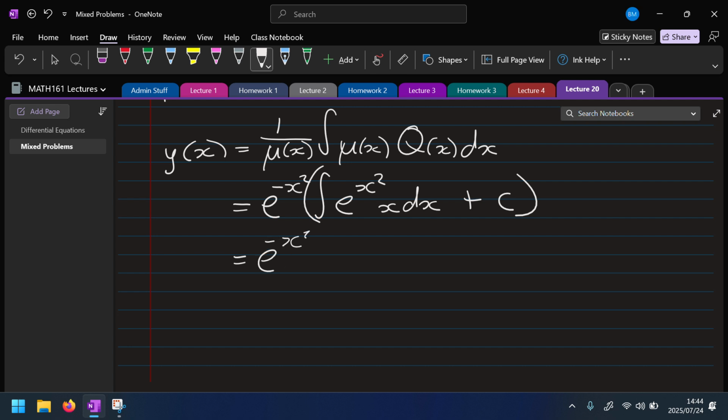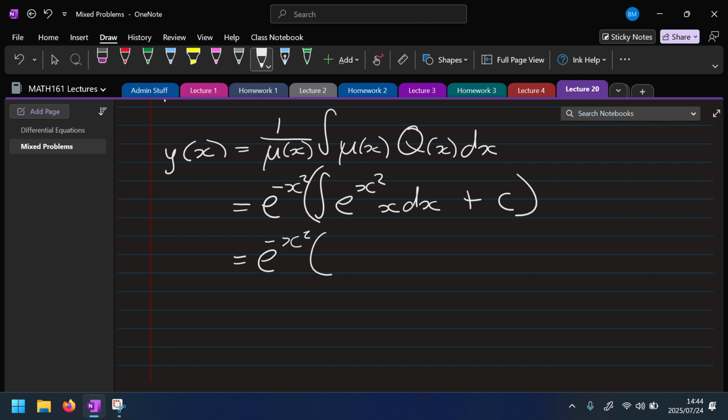Okay, e to the minus x squared. This integral, what's that going to be? Are you missing something? 2. No, not 2. Half. It's half, because if we were to do a u substitution, it would be 2u equals 2x. Take the 2 over to the other side, it becomes a half.